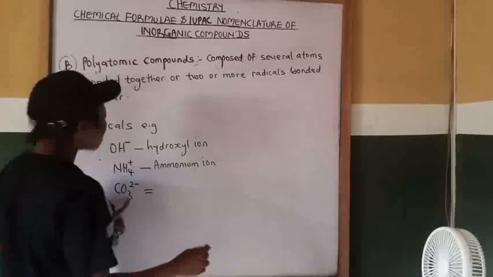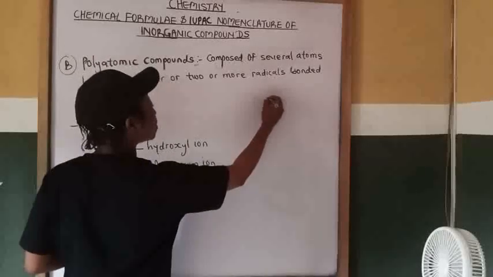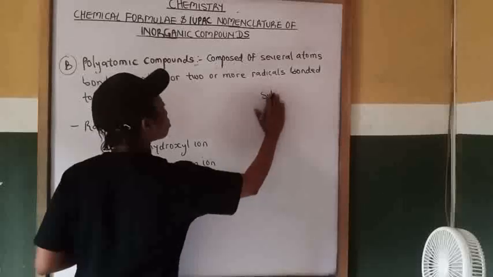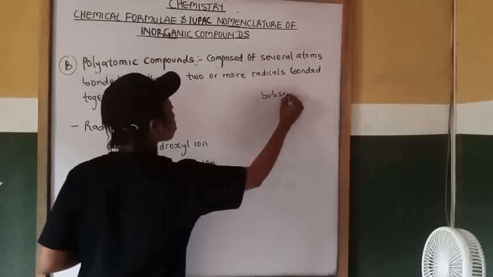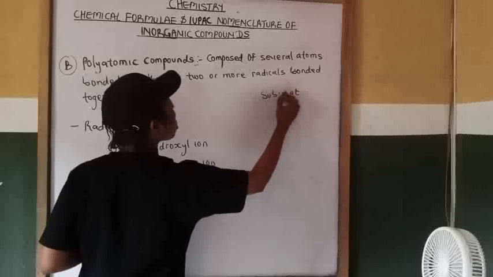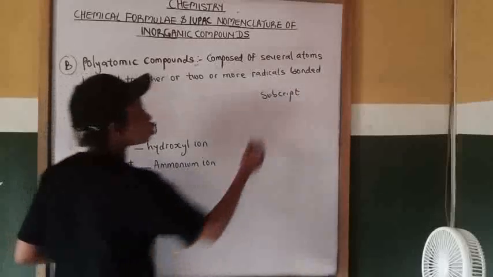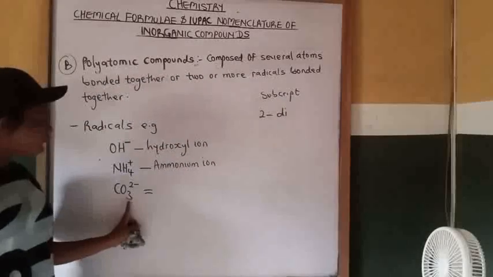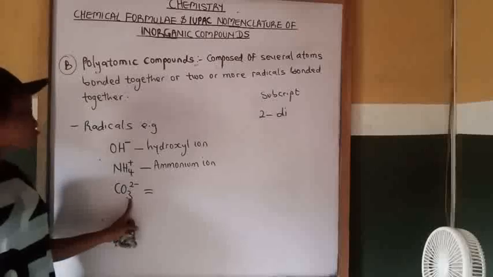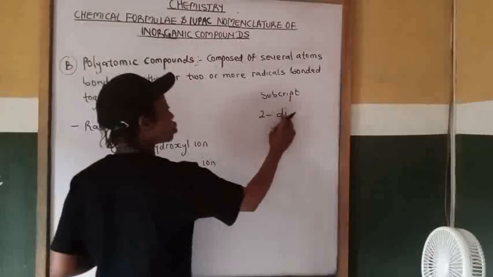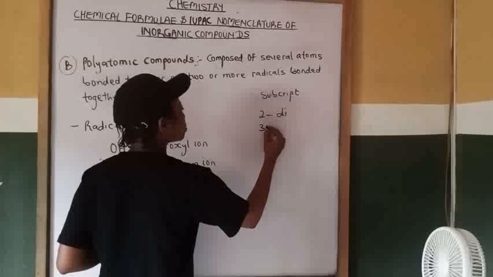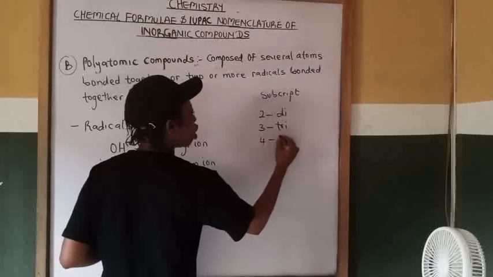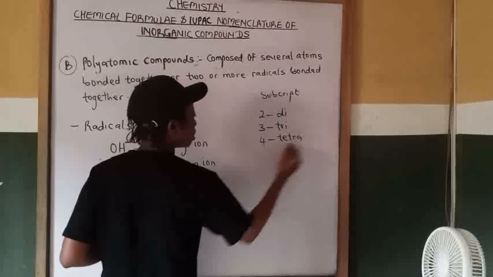When you have subscript 2, you call it di. Subscript is what you have at the base. When you have subscript 3, you call it tri. Subscript 4, tetra.